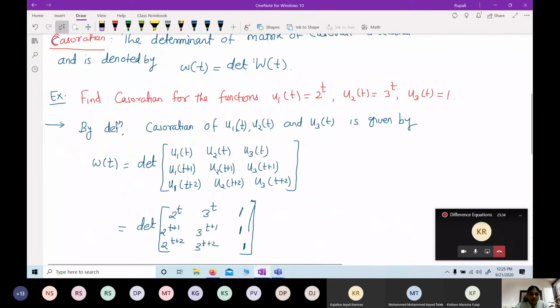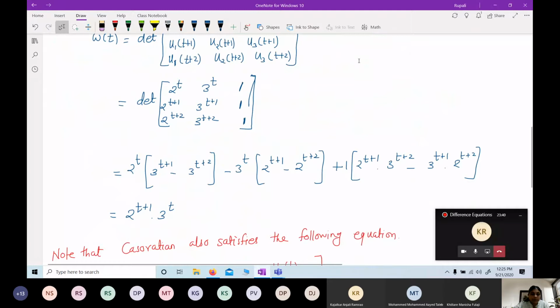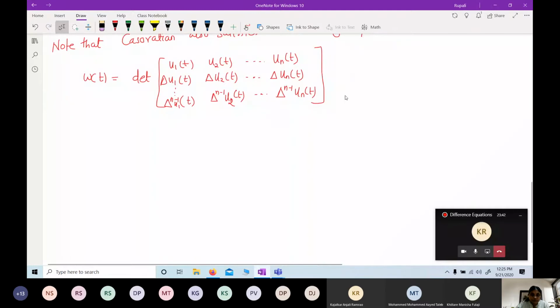Okay, this is the Casoratian definition. This 1 and 2 are nothing but the same. So small wt is nothing but my Casoratian.